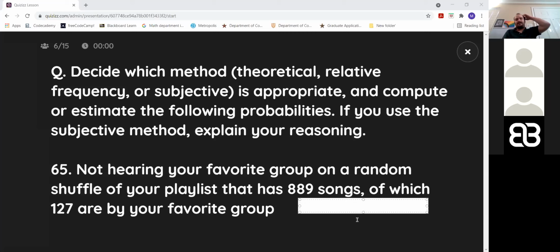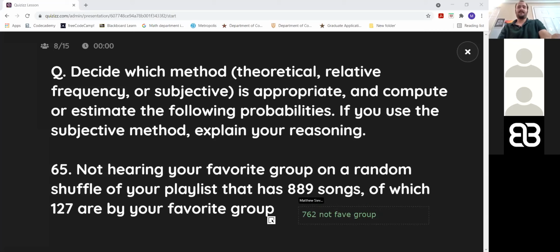Okay, so there's 889 total, 127 are from the favorite group. What am I getting? 762? I think 762 is not the favorite group. So what is that probability?